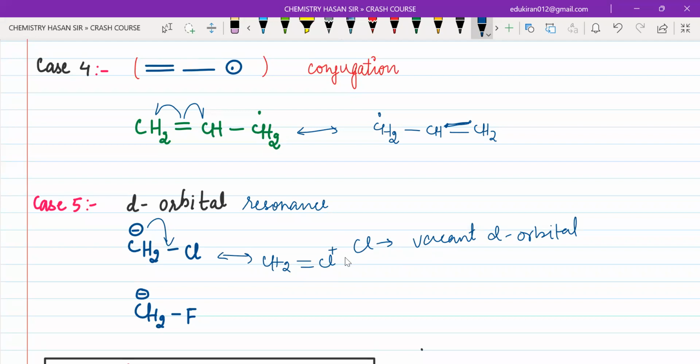Since vacant d orbital is here, it can easily accept electron, but there will be no resonance in fluorine because there is no vacant d orbital, no vacant orbital. 2d does not exist. So chlorine shows vacant d orbital. Is that clear? This d orbital resonance is very important.